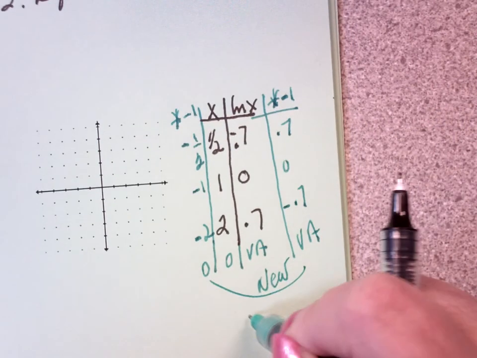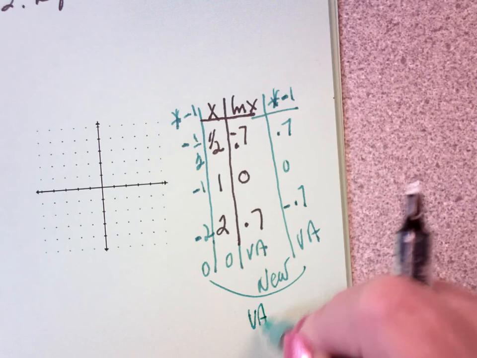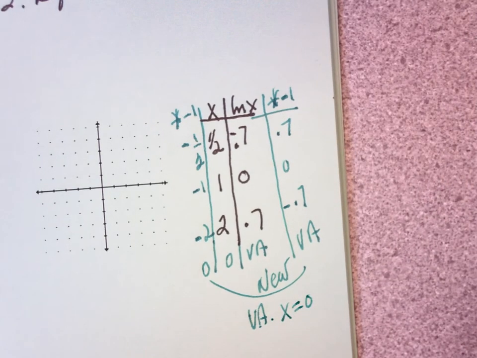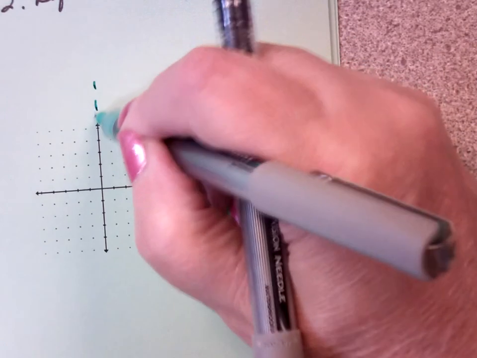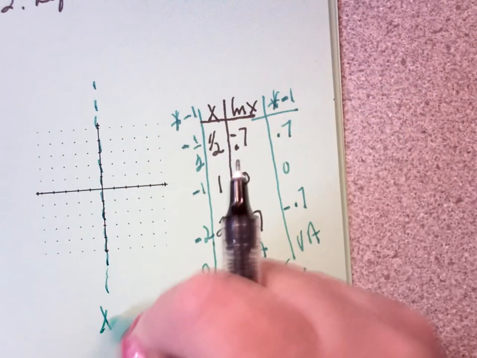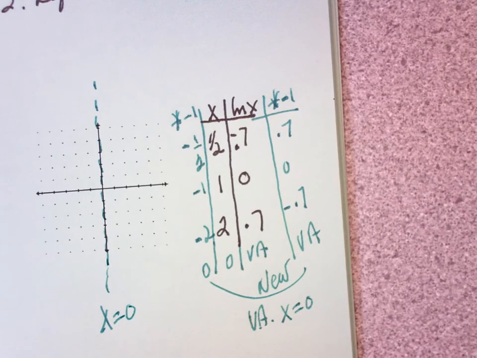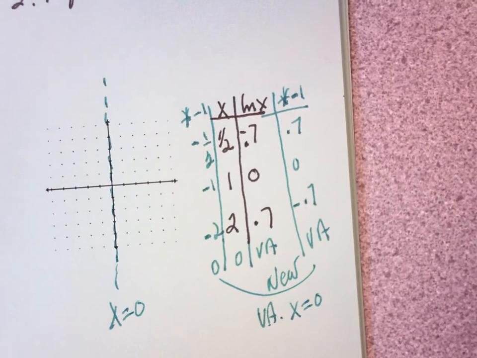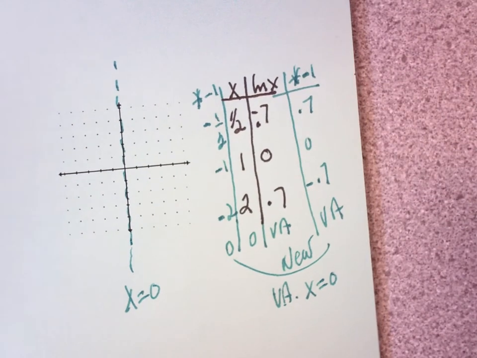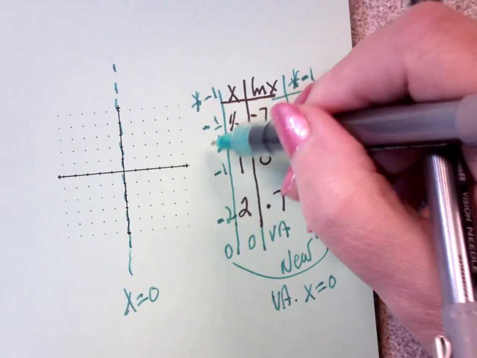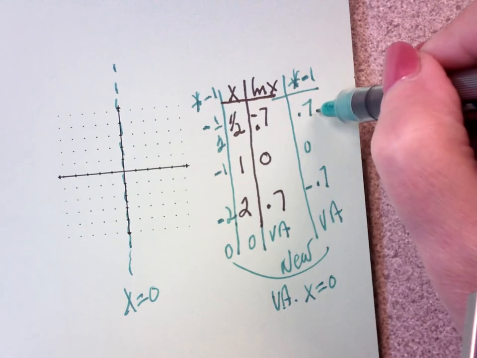So I have a VA still at x equals 0. So I put the VA in. That's what allows me, by the way, to use so few coordinate points, because once the VA goes in, it's a blocker to the graph, and the bend tells you what it's going to do. Negative 1/2, positive 0.7.